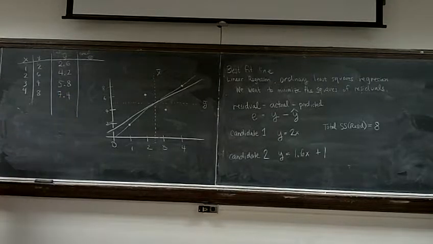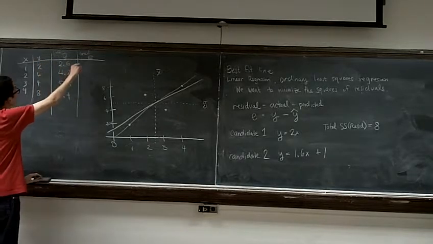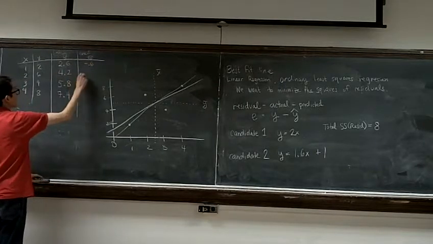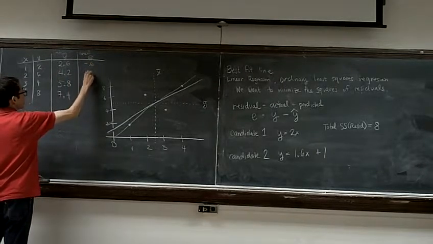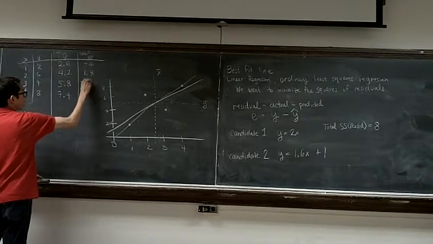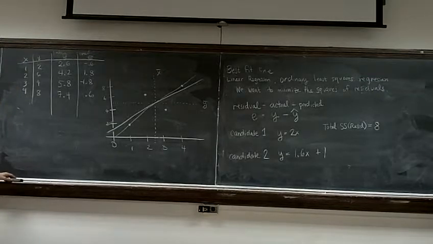So the difference here is the actual minus the predicted, so I get negative 0.6, I get positive 1.8, negative 1.8, and 0.6. Okay, so negative 0.6 squared.